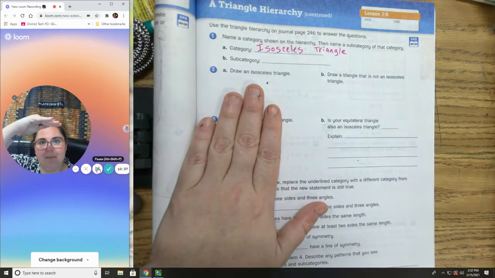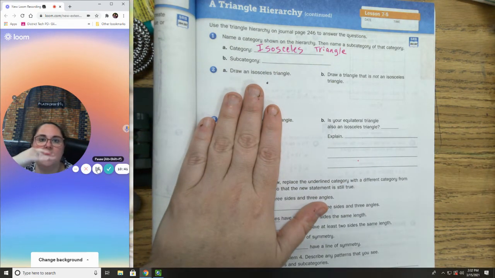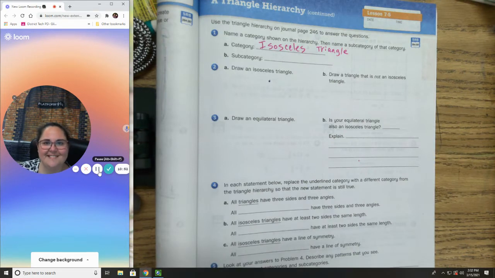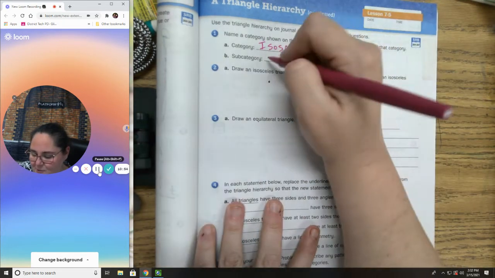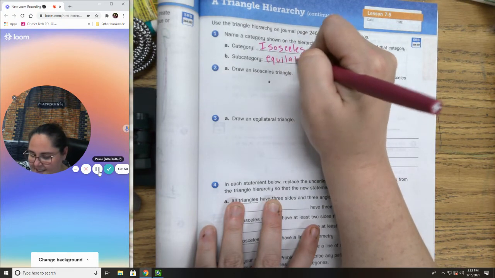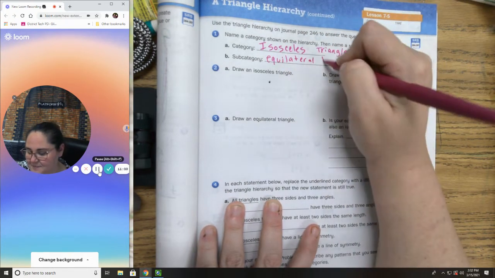So if that's my main category, my subcategory is what goes below it. Isosceles has to have 2 equal sides. What category has to have 3 equal sides? The 3 equal sides would be the equilateral, E-Q-U-I-L-A-T-E-R-A-L.